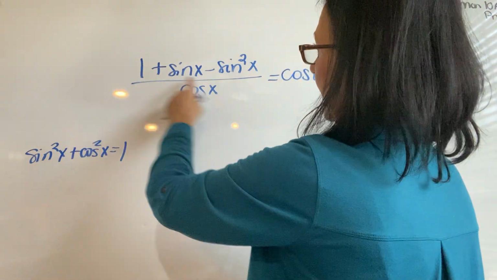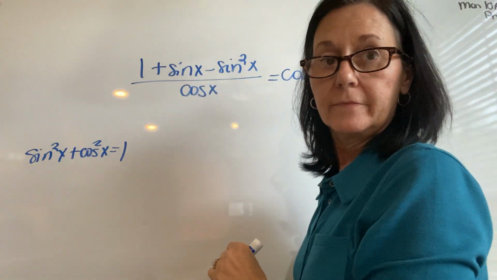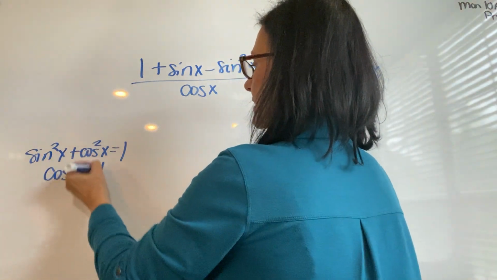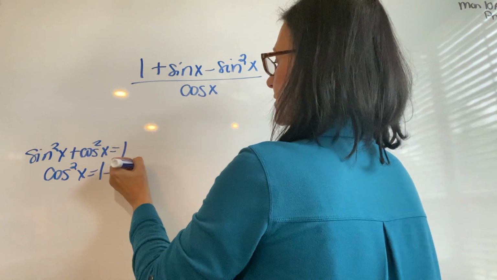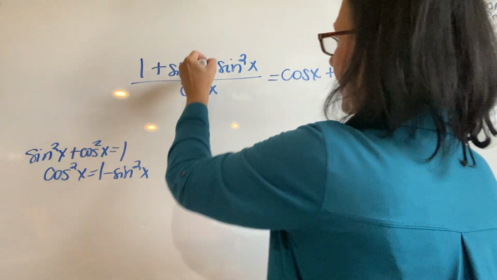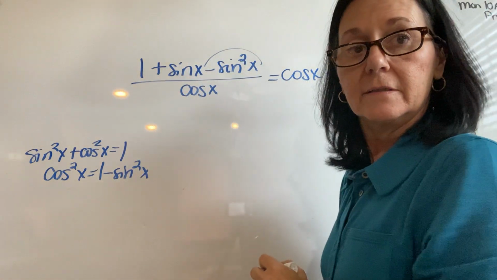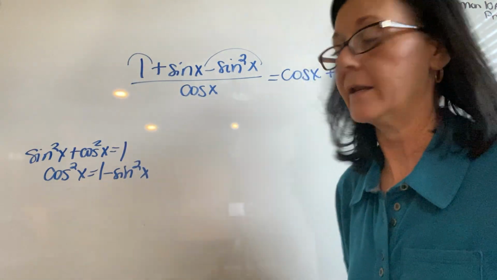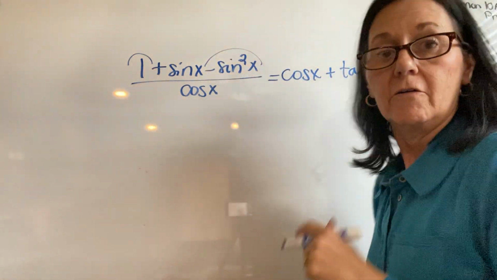Well, I have a 1 and I have a sine squared. Cosine squared x is 1 minus the sine squared x. That's what I have, a 1 and a negative sine squared x. I'm going to associate those and then substitute the cosine squared for that.